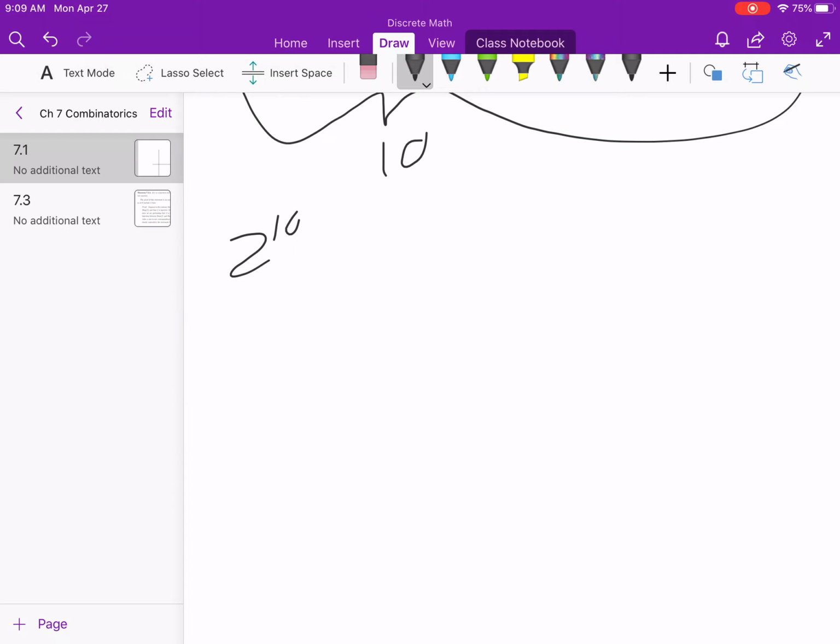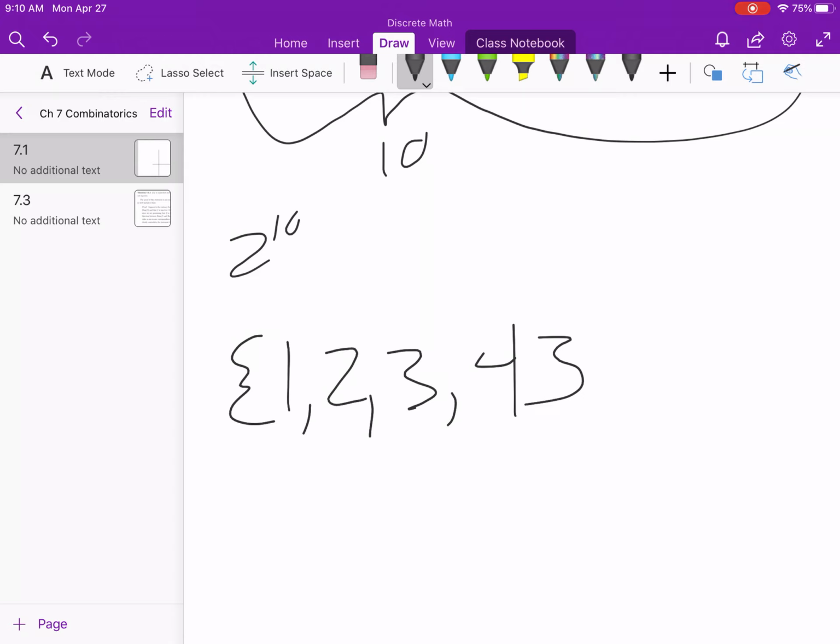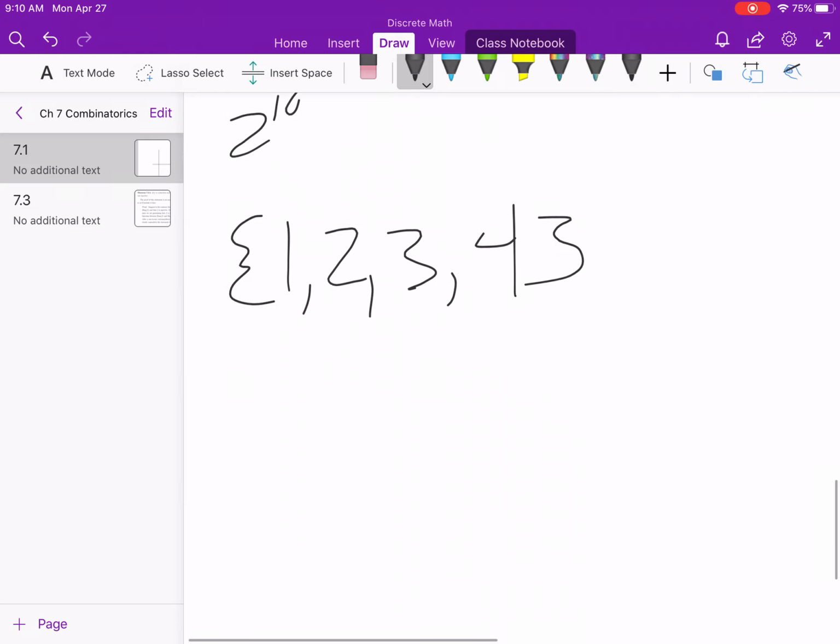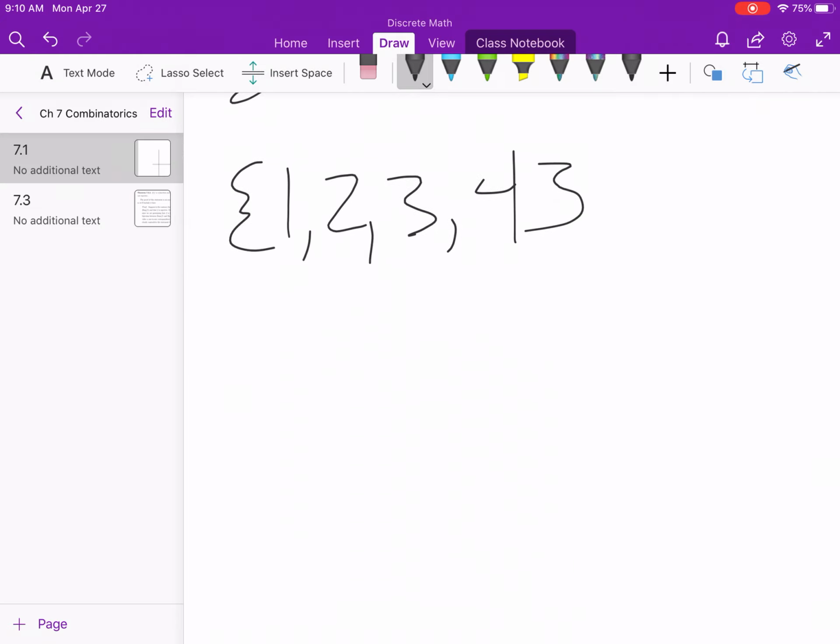Let's take this set, 1, 2, 3, 4. How many ways can I arrange these numbers? When I say arrange them, I mean 1, 2, 3, 4 and 1, 2, 4, 3 are different arrangements of the numbers. So let's say I'm going to make these into ordered 4-tuples. How many ordered 4-tuples can I make out of this?